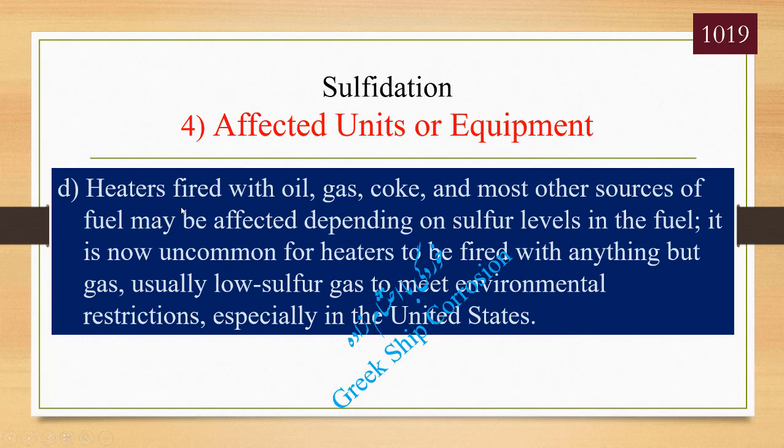D. Heaters fired with oil, gas, coke, and most other sources of fuel may be affected depending on sulfur levels in the fuel. It is not uncommon for heaters to be fired with anything but gas, usually low sulfur gas, to meet environmental restrictions, especially in the United States.